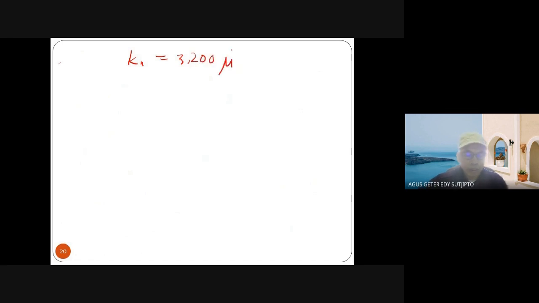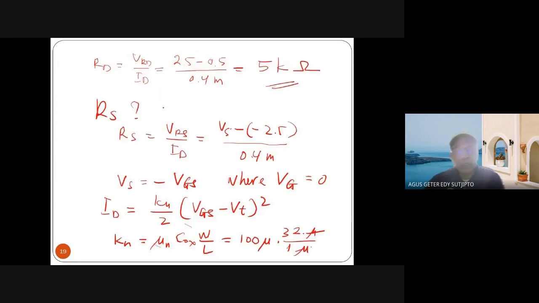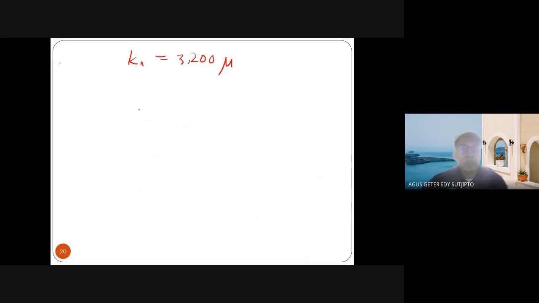We can remove the micro, and then we get Kn equals 3200 micro.